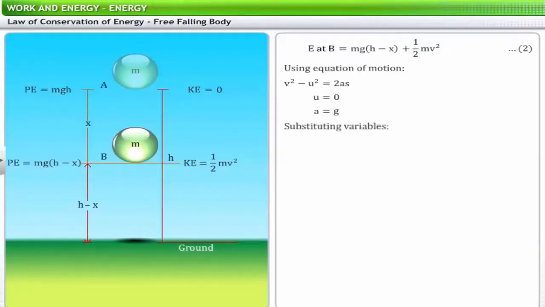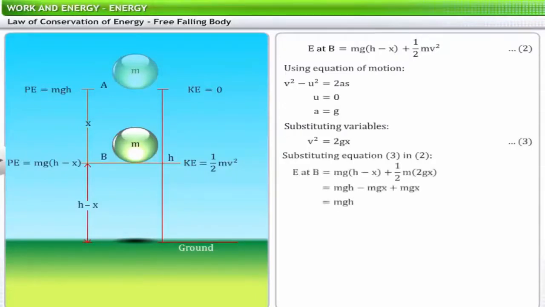Substituting the corresponding variables in the expression for final velocity and simplifying, you get the square of the final velocity of the body at B equals 2gx. Let this be equation 3. Substituting equation 3 in equation 2 and simplifying, the total energy at B equals mgh. Thus, the total energy at B is again equal to the total energy at A. Let this denote equation 4.